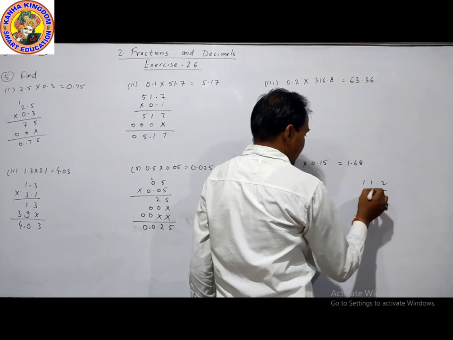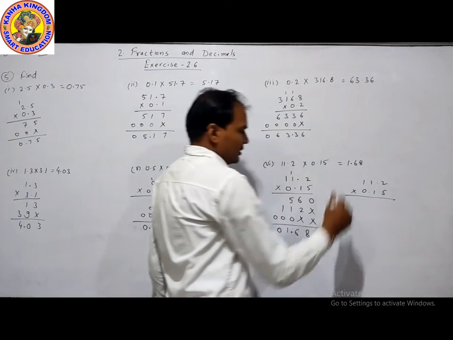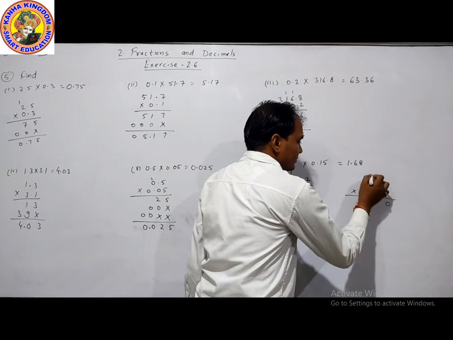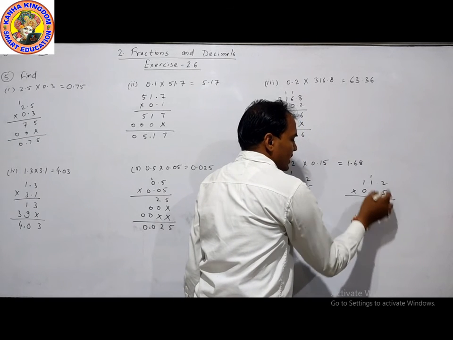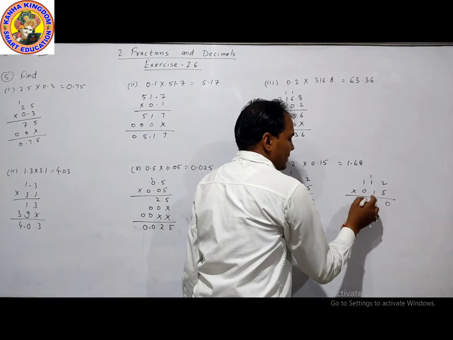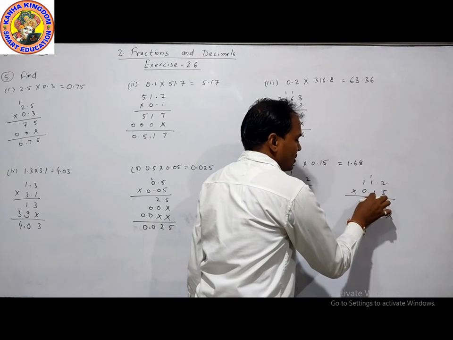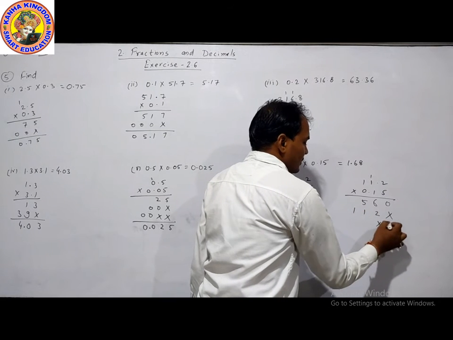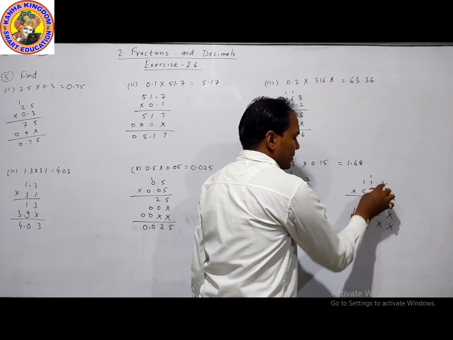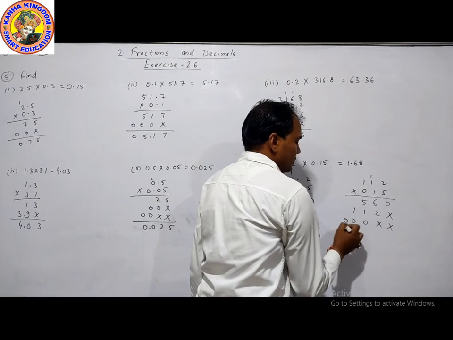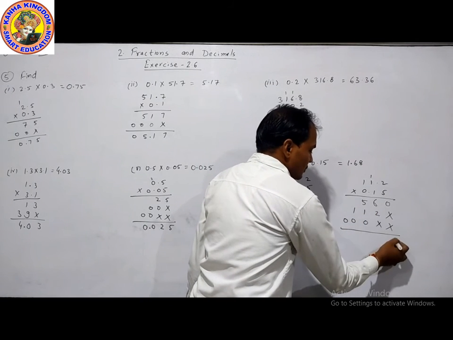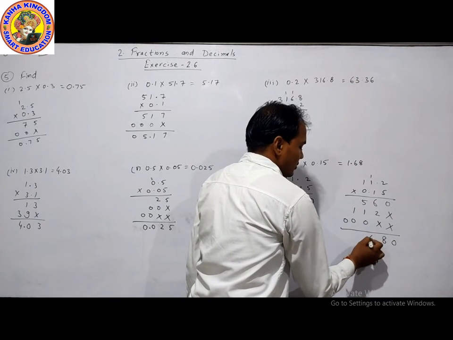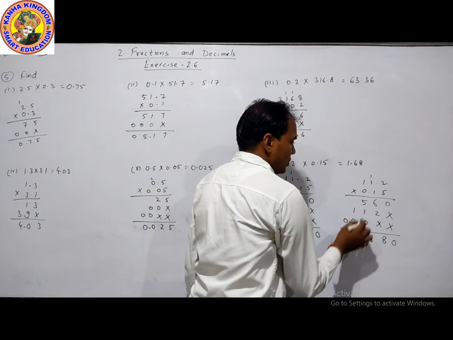Now let's see this question from the beginning, 1.2 multiply 0.15. The decimal points are here and here. Now multiply by 5. 5 into 2 is 10. 5 into 1 is 5, plus 1 is 6. 5 into 1 is 5.